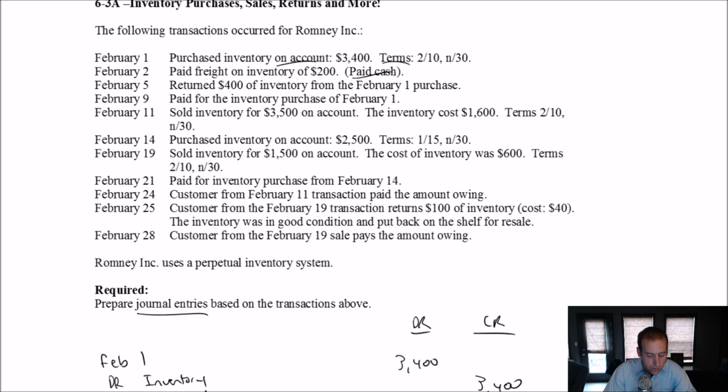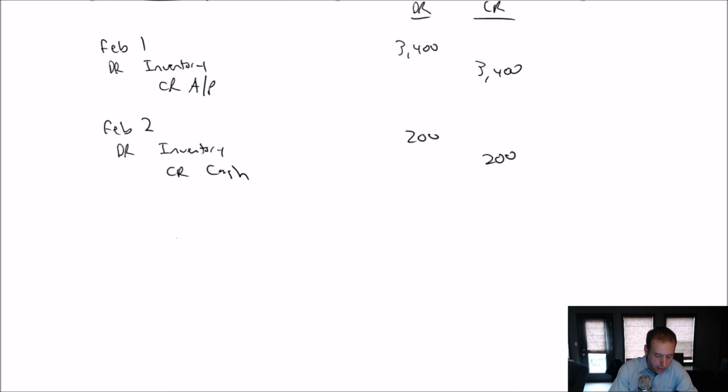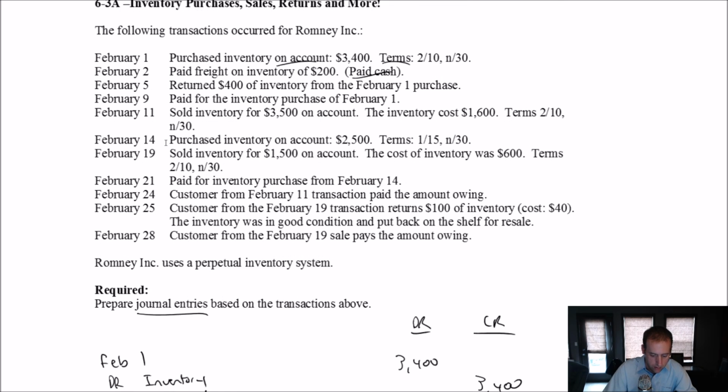Okay, February 5th, returned $400 of inventory from our February 1st purchase. So we're going to send back some of that inventory. Now, how do I send back inventory? Well, I credit my inventory, right? Because I'm sending it back. I think it was on the 5th. I'm kind of forgetting that. Let me scroll back up here. Yeah, February 5th.